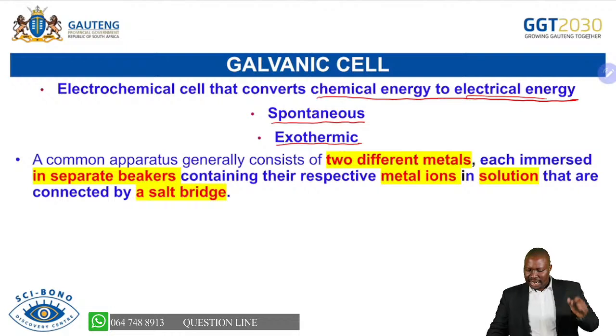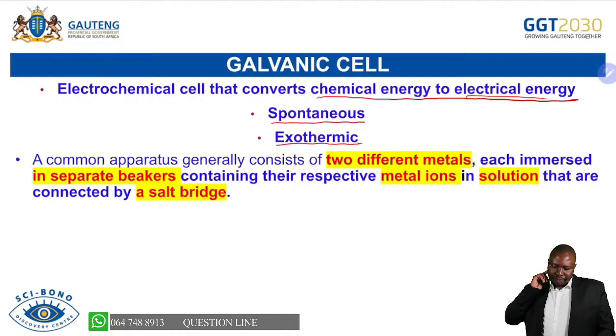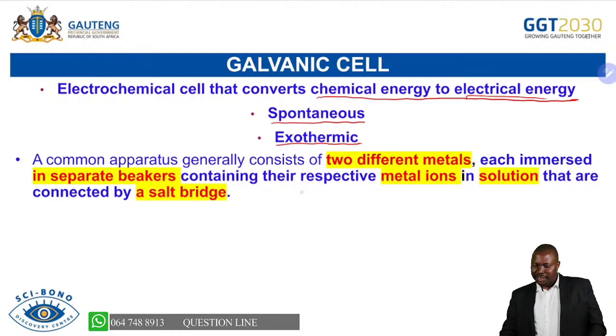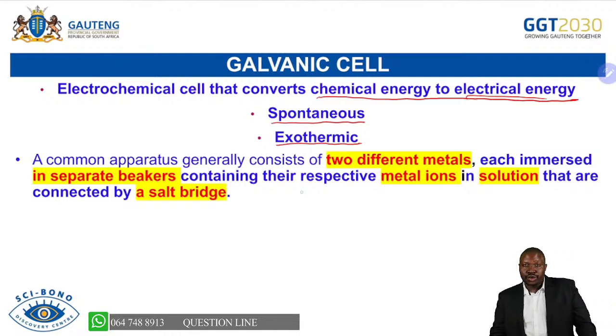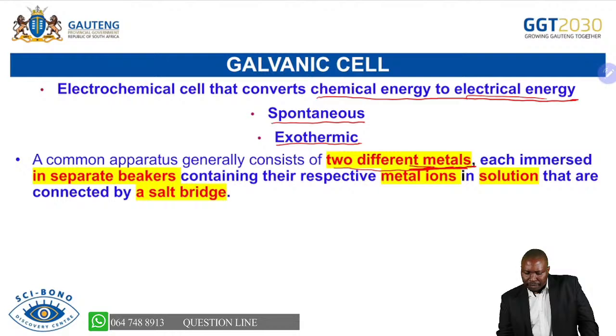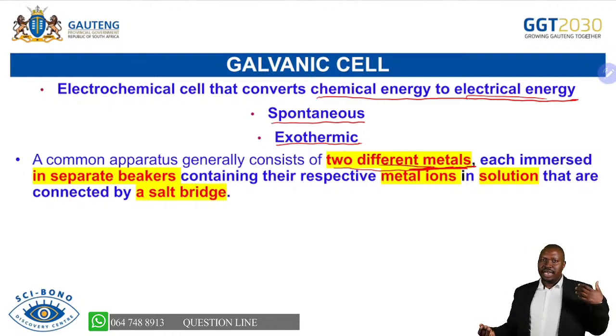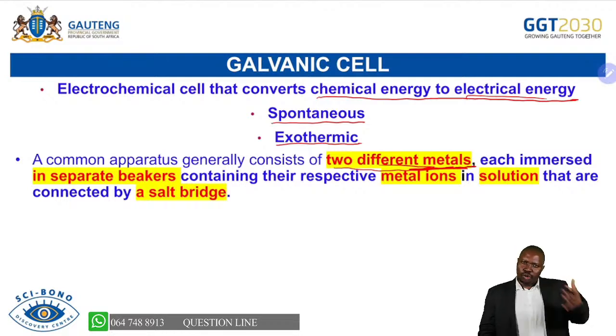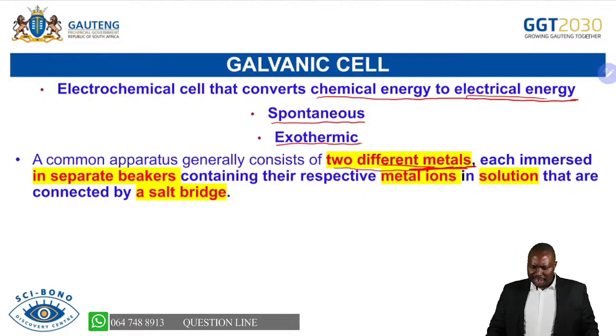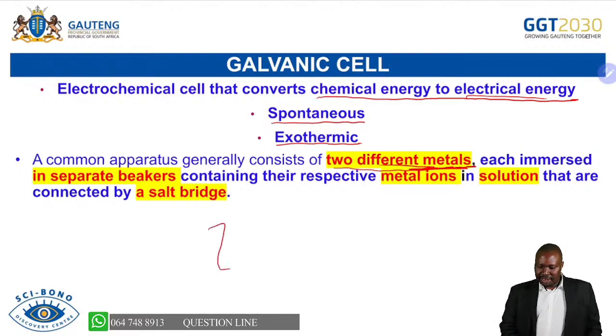I've already indicated that we are going to have our 2 different metals, each immersed in a separate beaker containing their respective metal ions and solutions. So in this case we'll have 2 different metals, which are our electrodes, which must be solid, good conductors of electricity. And then these 2 must be immersed in 2 beakers.